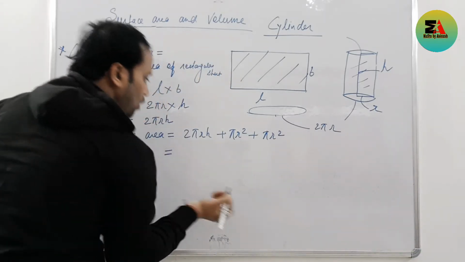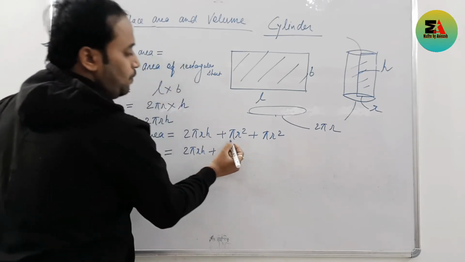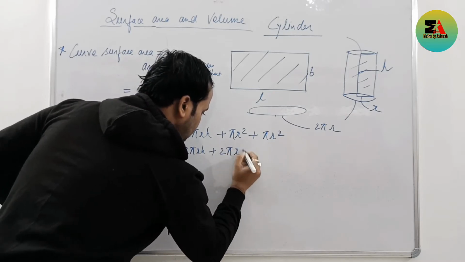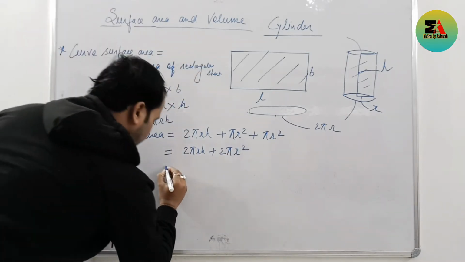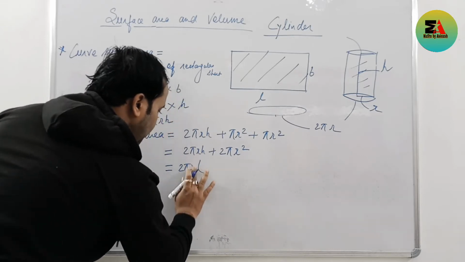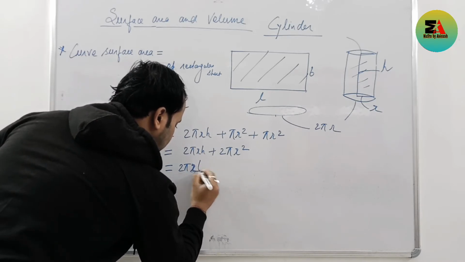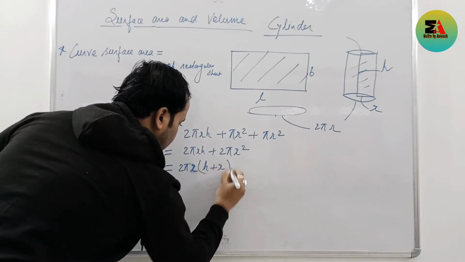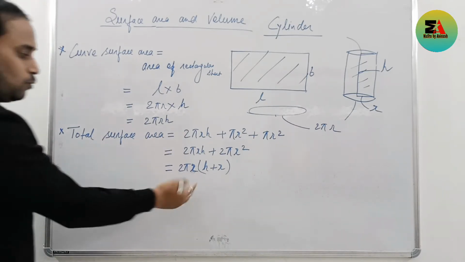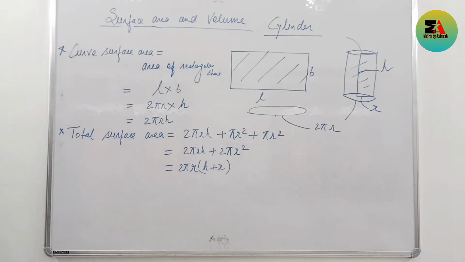Therefore, our total area of the cylinder is 2 pi r h plus pi r square plus pi r square, which is 2 pi r square. Take 2 pi r common in all, it becomes h plus r. Therefore, the total surface area of a cylinder is 2 pi r times h plus r. Clear?